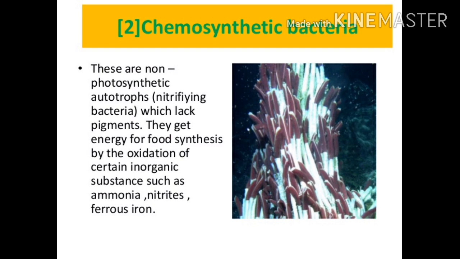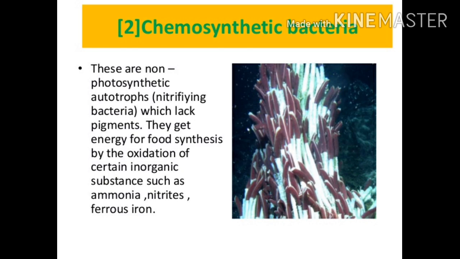They get energy for food synthesis by the oxidation of certain inorganic substances such as ammonia, nitrites, ferrous iron, etc. Photosynthetic bacteria prepare their own food with the help of photosynthesis, but in chemosynthetic bacteria there is an involvement of different kinds of oxidation of chemicals, and these chemicals may be ammonia, nitrate, nitrite, hydrogen sulfide and other inorganic compounds.